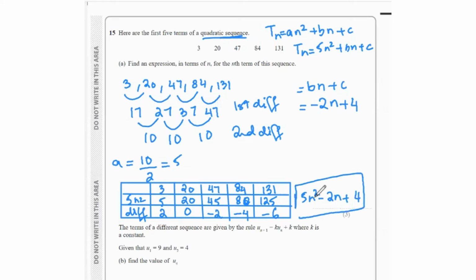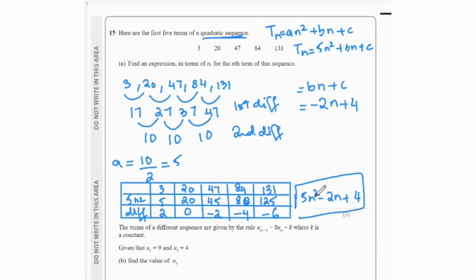So to summarize it, first you will find the first difference of the sequence. Then you will find the second difference. Since it's quadratic, the second difference will be the common difference. Once you've identified that, you will divide the common difference by 2, which will give you the value of a, the coefficient of n squared.